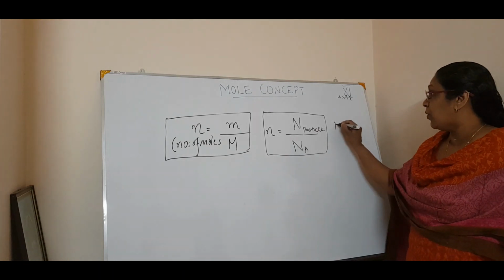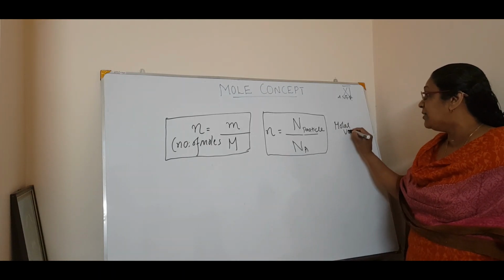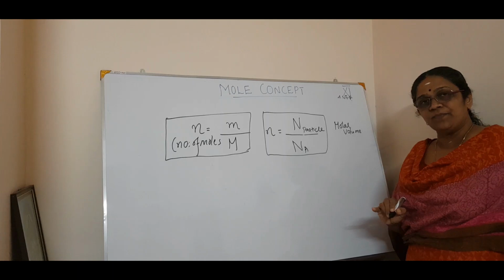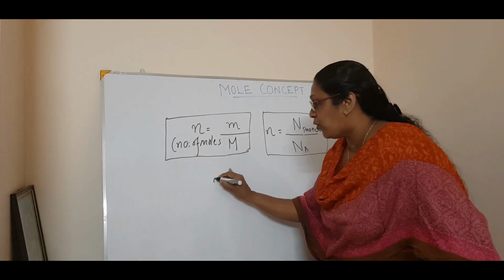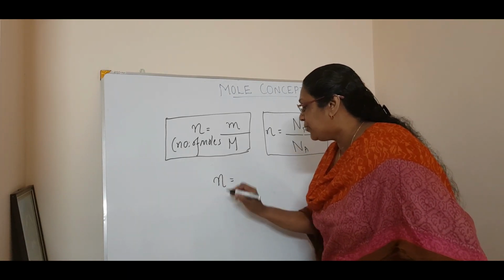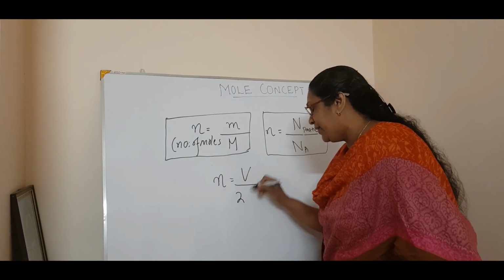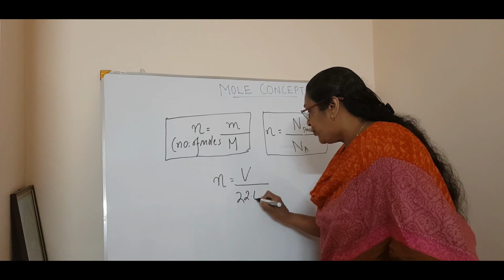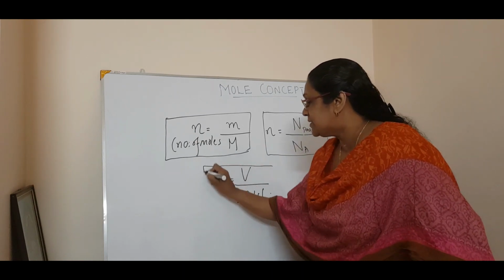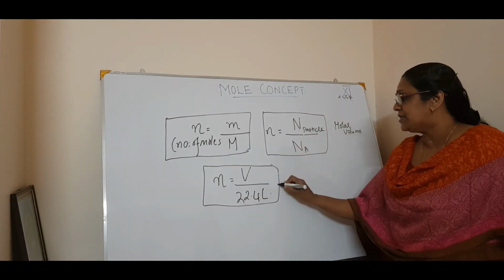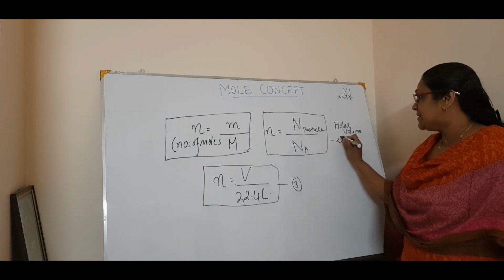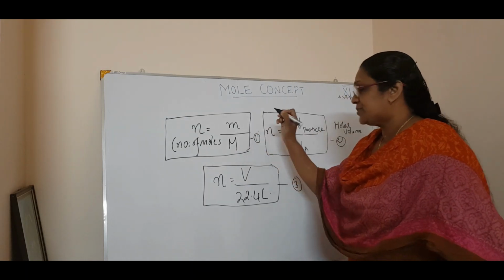But now we have talked about molar volume also, isn't it? So there is an expression for molar volume: N is equal to volume of that liquid or whatever it may be by 22.4 liter. So this is the new or third equation you have to study.